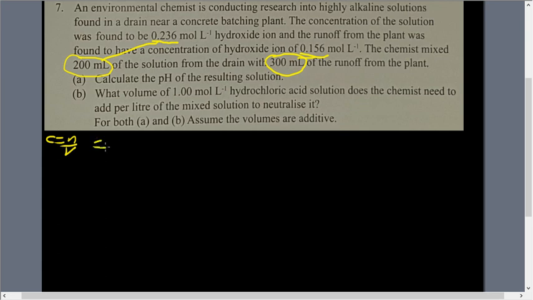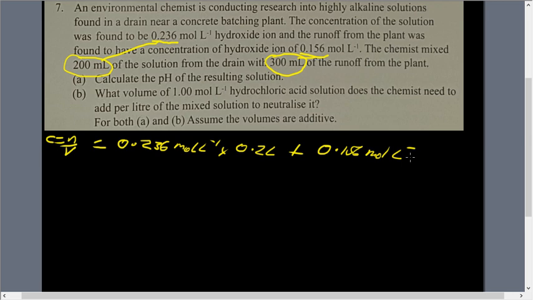So we're saying 0.236 moles a litre times 0.2 litres is added to 0.156 moles per litre times a volume of 0.3 litres. Let's put brackets around there to make it nice.